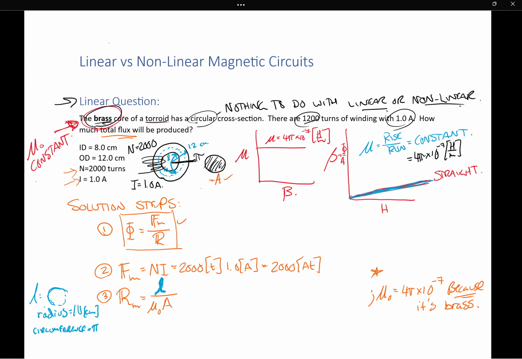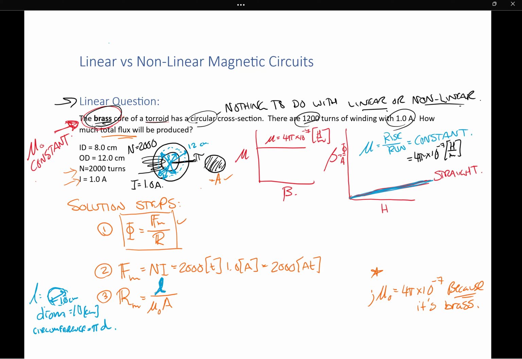Sorry, these are diameters. These are 12 centimeter diameters, 8 centimeter diameters, and then this would be a 10 centimeter diameter. Diameter of the mean path length is 10 centimeters.